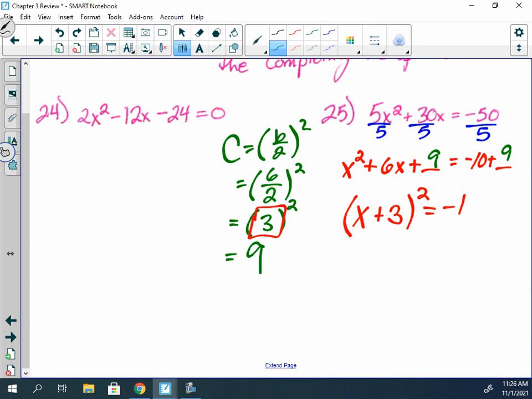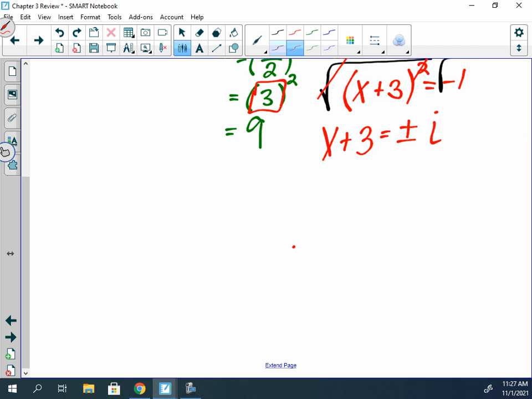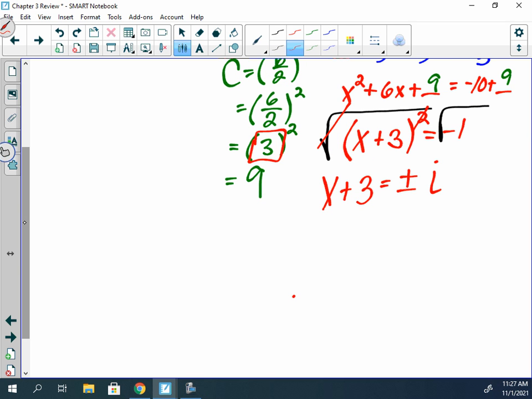Well, our next step would be to square root both sides. Now the square root and the square would cancel, leaving us with x plus 3 is equal to plus or minus what? I. Because the square root of negative 1 by definition is i.